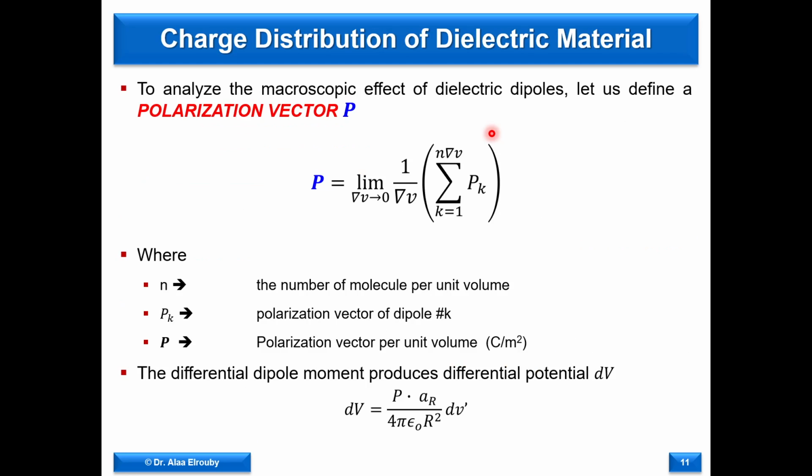Okay, so how would we analyze the electric field inside a dielectric material? If we have a certain number of dipoles in a volume, how would we model their effect? We model their effect using the polarization vectors that we introduced 2 lectures ago.